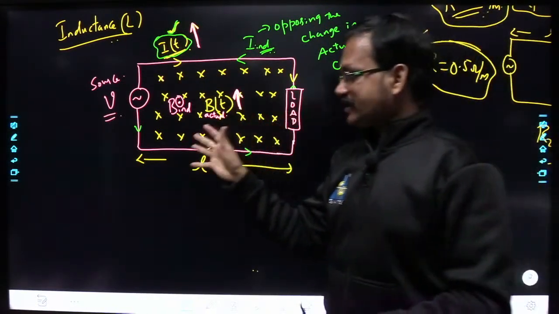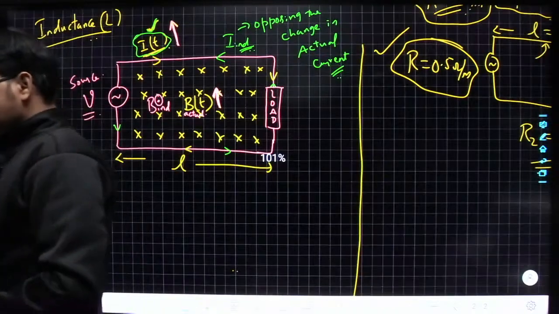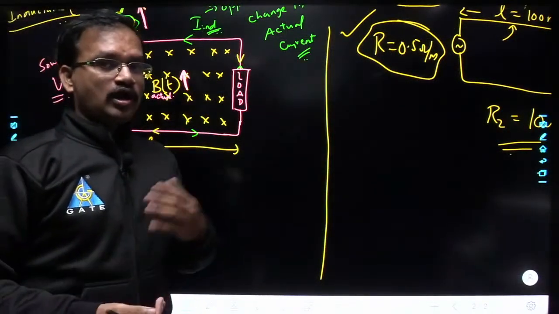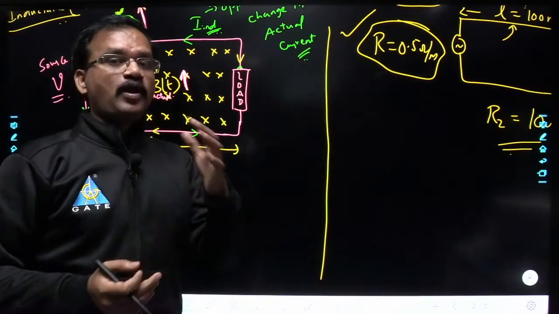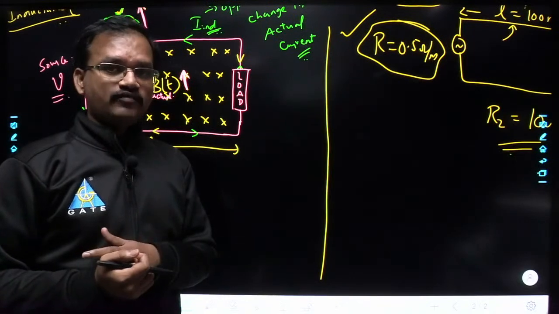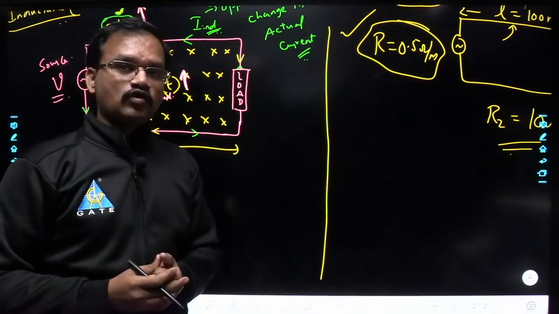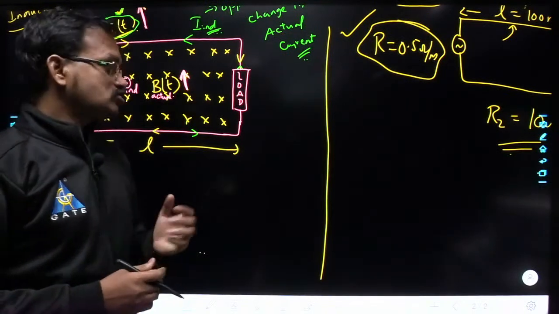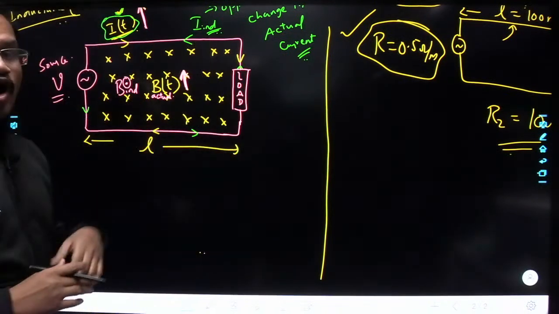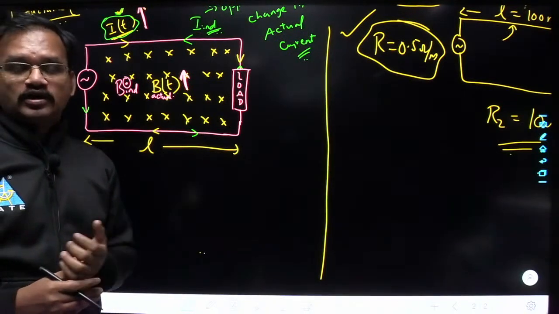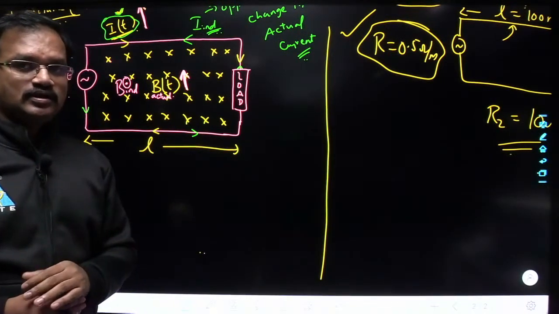Now we know the property of an inductor: an inductor will always oppose the change in currents. So this total loop is offering some inductance. Yes or no?